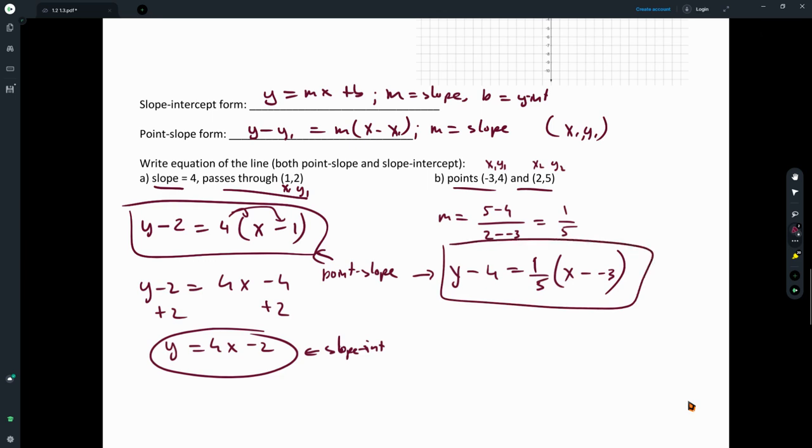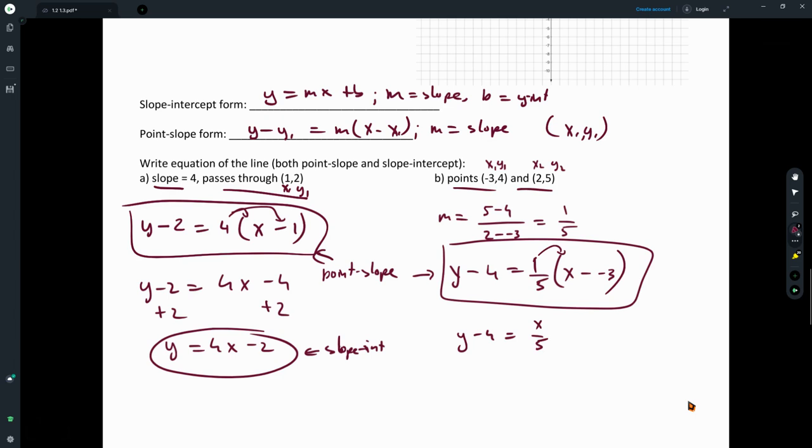And then from there, if you want to do slope intercept, you multiply it out again. It doesn't work out very well, but anyways, we can do that. So multiply the 1/5 in. You have x over 5.